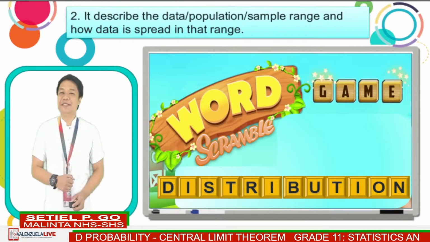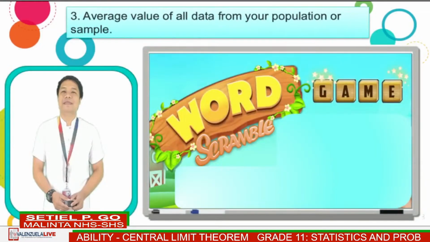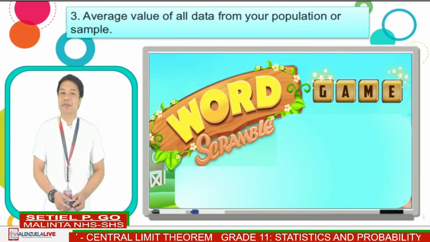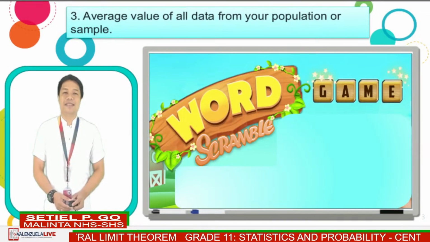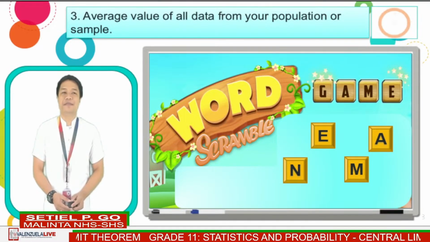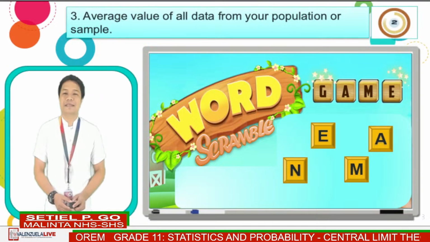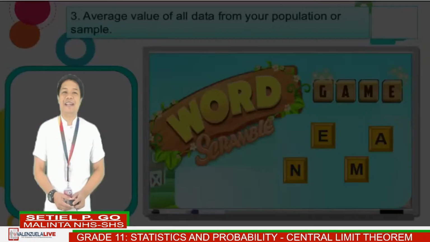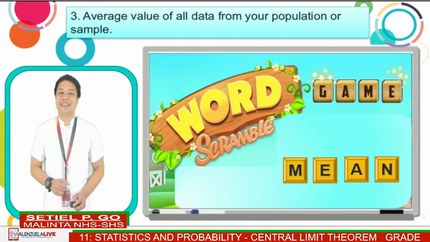Okay, so let's proceed to statement number 3. The average value of all the data from your population or sample. These are the letters. 5 seconds. Go! Time's up. If your answer is mean, then you are correct.